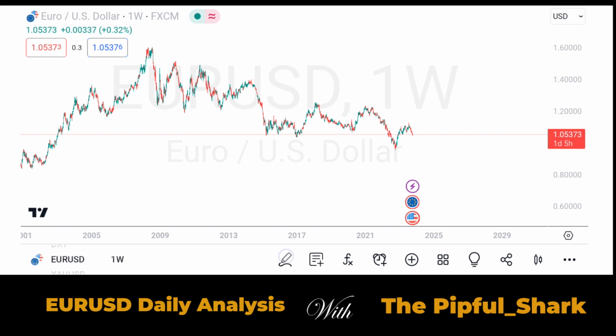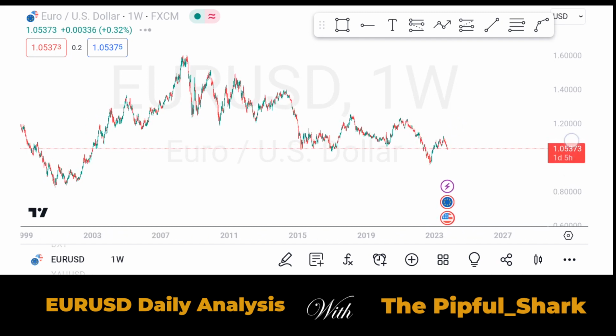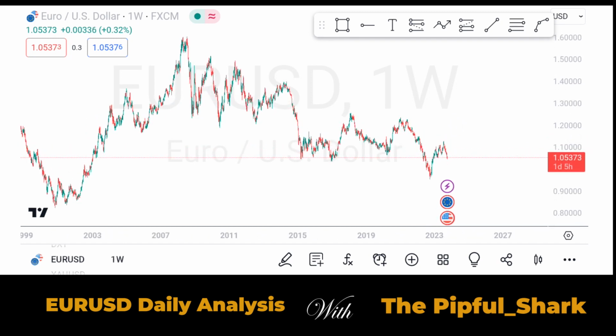From this particular chart, we want to make everything as simple as we can. We don't want to complicate anything here because we want to bring everybody on board.